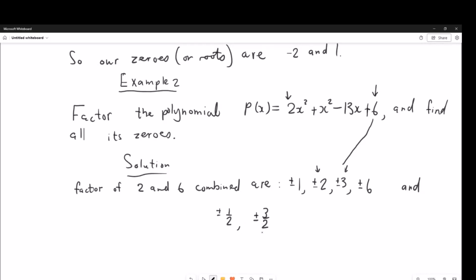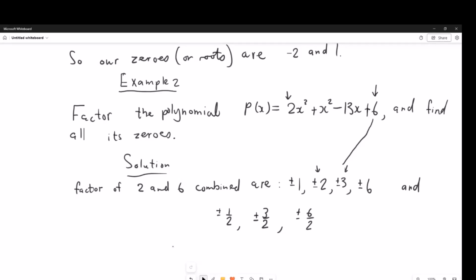And then lastly, you can get this situation where you have plus or minus 6 over 2, which I already got there.